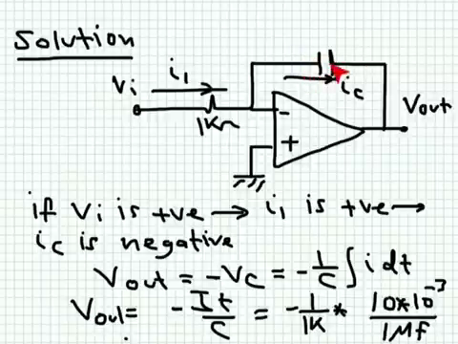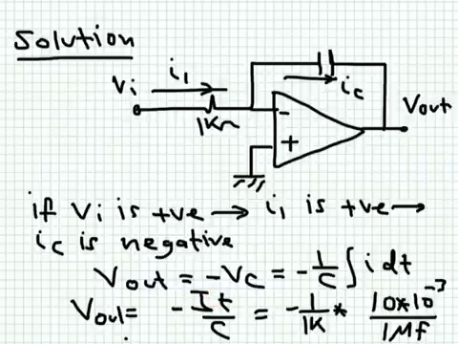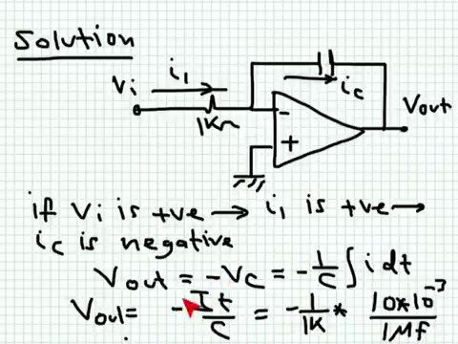The capacitor voltage, by definition, is 1 over C, the integral of I dt. The current flowing into the capacitor here is constant, and we give it the value I, so I can take it out from this integral. And the integral of dt will give you time. This is why I told you that the capacitor voltage is increasing linearly with time. So the output voltage is decreasing linearly with time, because they are related through a negative sign.